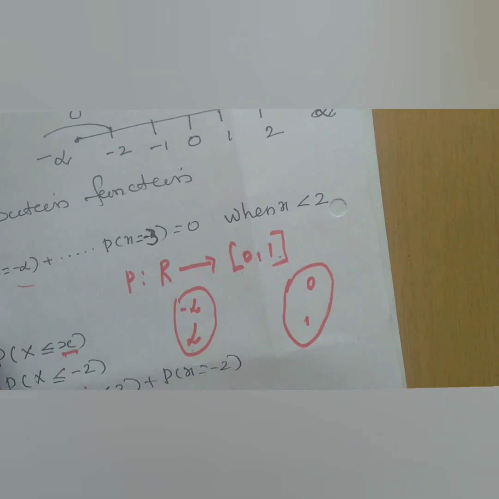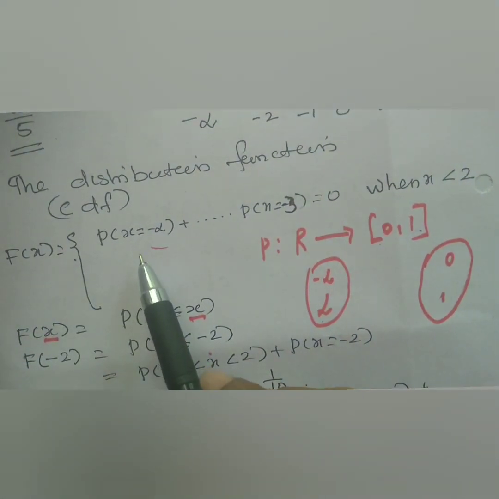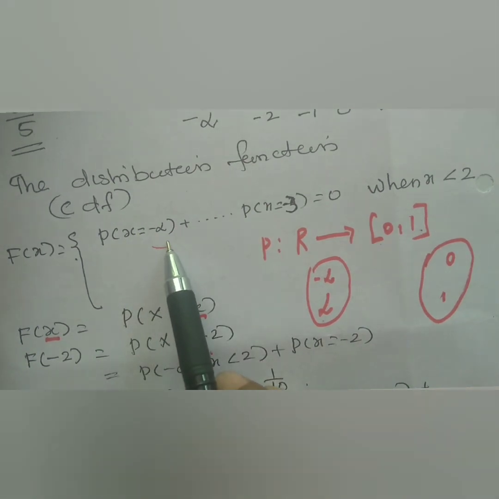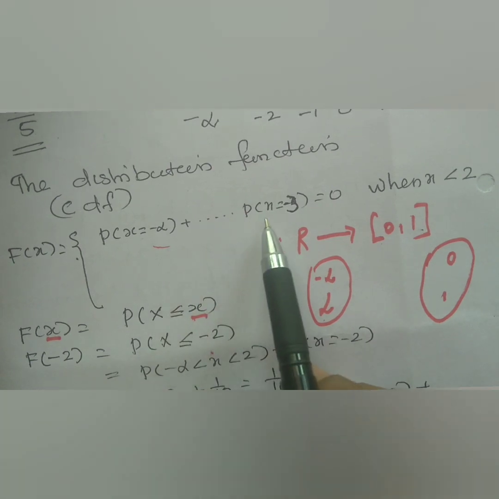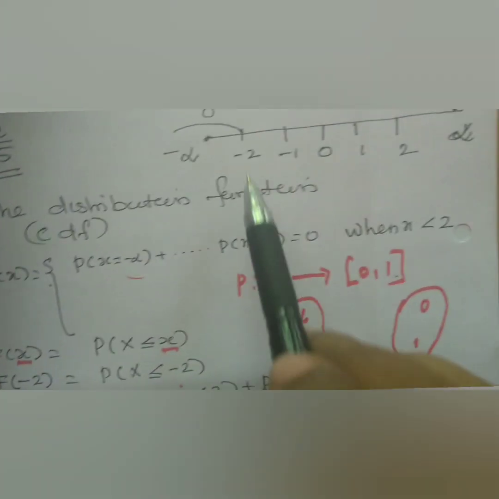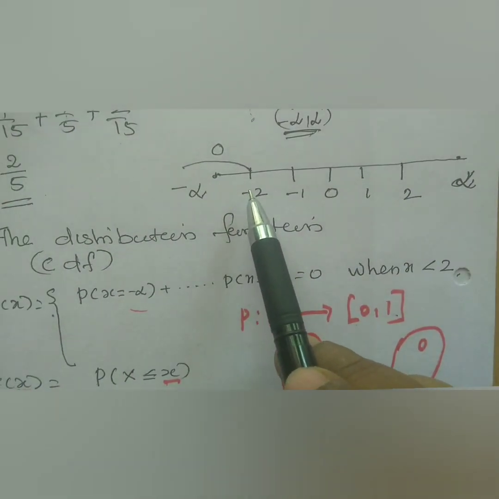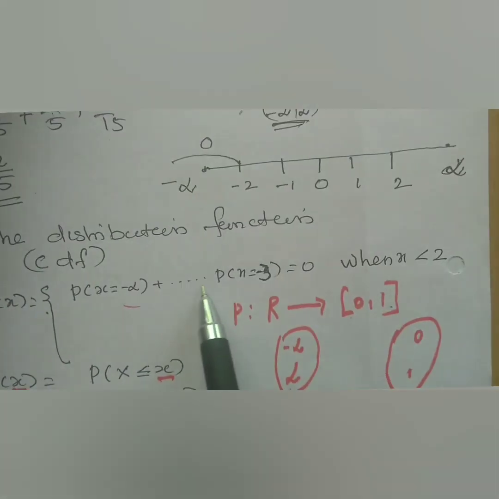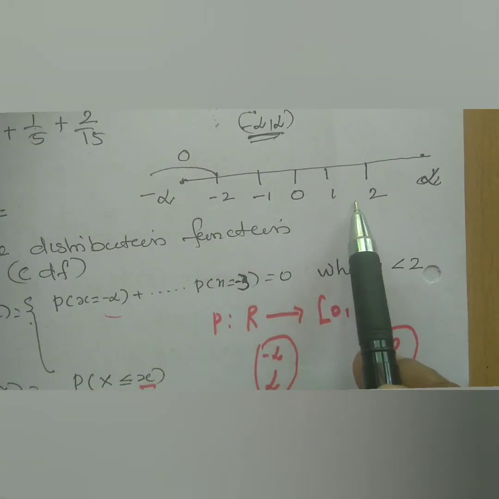So F of x, cumulative function F of x is equal to, we start with minus infinity. That is, probability of x is equal to minus infinity, then increasing up to probability of x is equal to minus 3, because we just take the next smaller value next to minus 2. So that is up to minus 3. Here we have the functions minus 2 to 2.